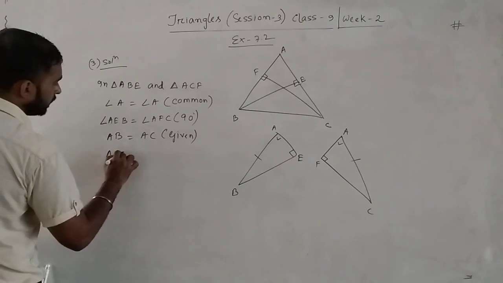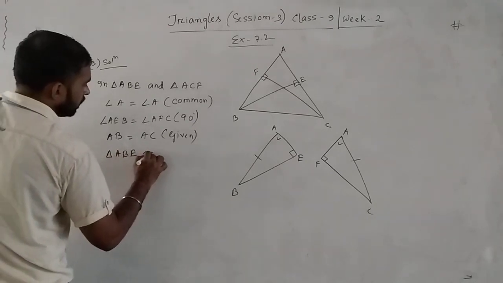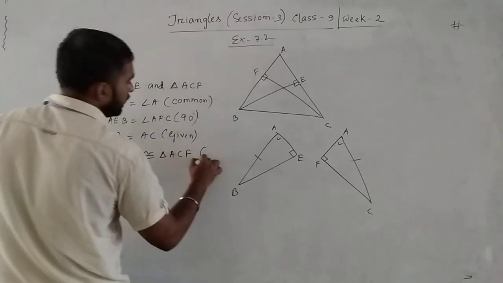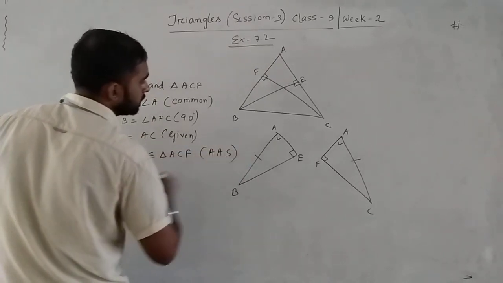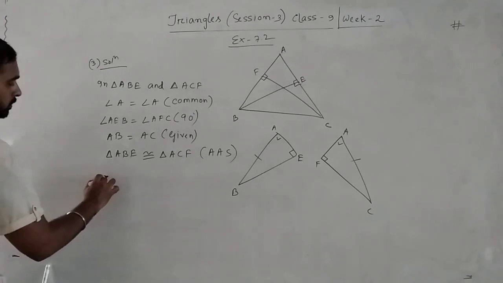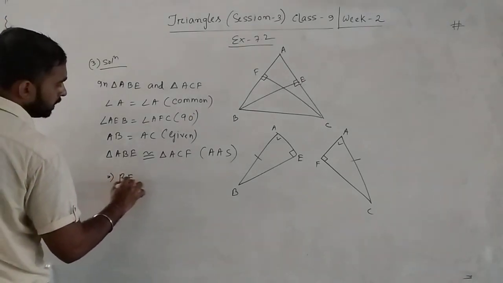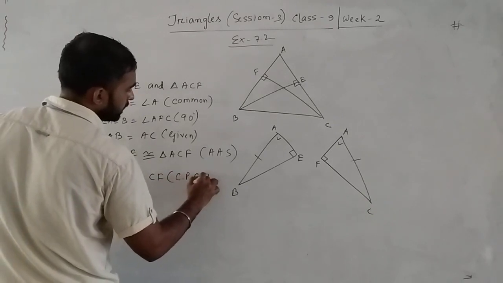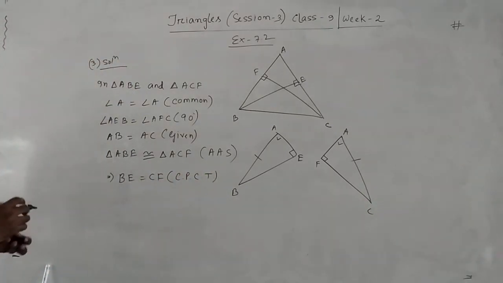Therefore, triangle ABE is congruent to triangle ACF by angle side. So BE equals CF, by CPCT, corresponding parts of congruent triangles. Understood?